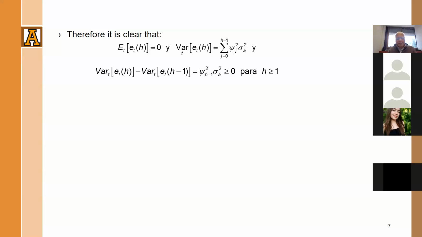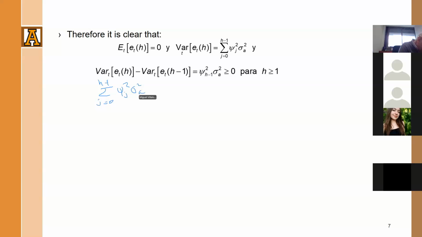So therefore, the variance of the forecast error h periods ahead minus the variance conditional on t of the forecast error h minus 1 periods ahead will be just the difference. The variance of e_t(h) is going to be the sum from j equals 0 to h minus 1 of psi_j squared sigma squared.